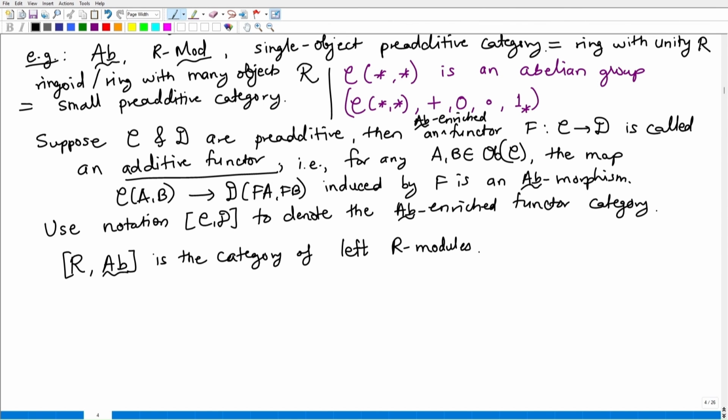Okay, what if you want to do R op? R op to Ab is the category of all right R modules. Do you understand that R op also has an Abelian group structure?